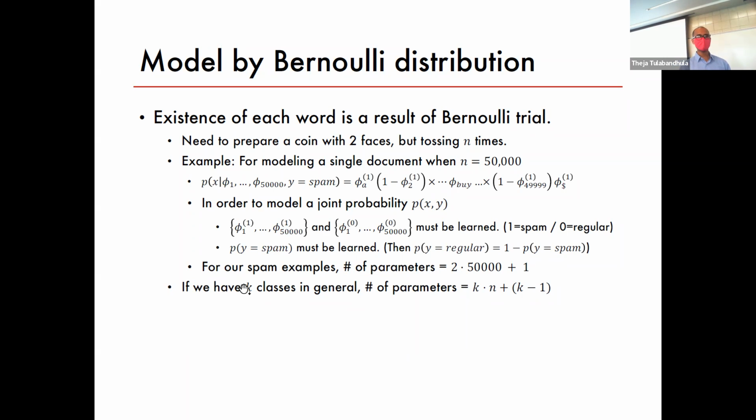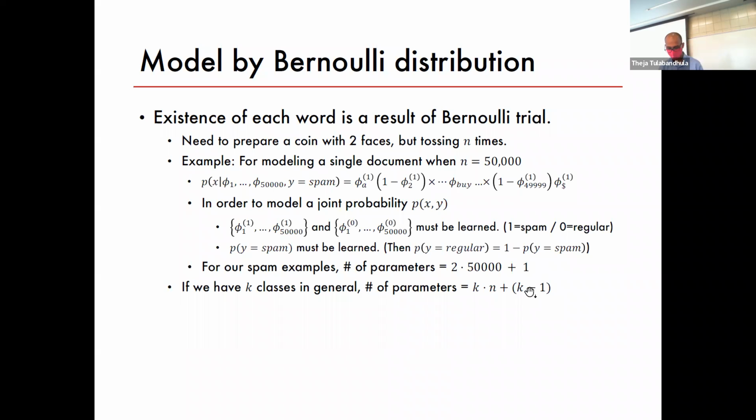If you have k classes in general, then the number of parameters is, instead of 2, k times n, or n minus 1 if you really want to be correct. And instead of plus 1, there'll be k minus 1. If you have 2 classes, an extra 1 parameter. If there are 10 classes, there'll be extra 9 parameters.